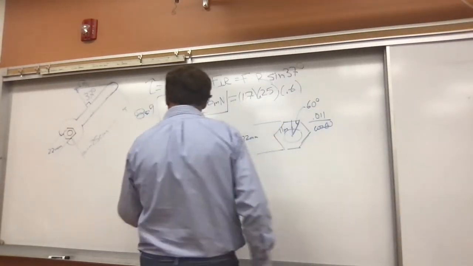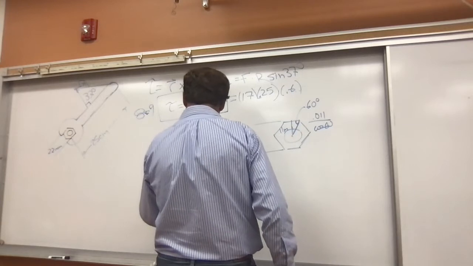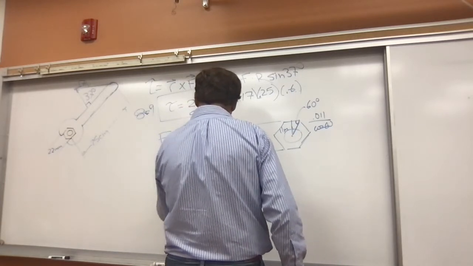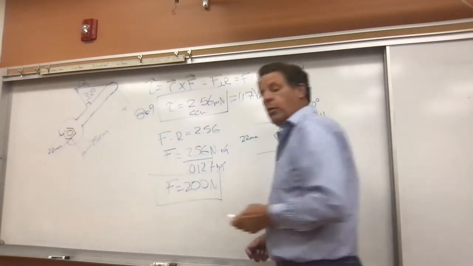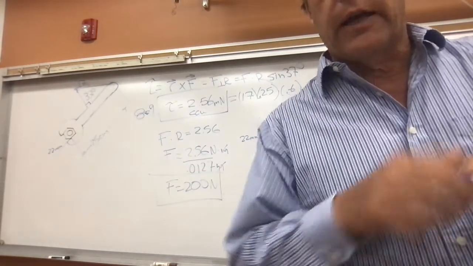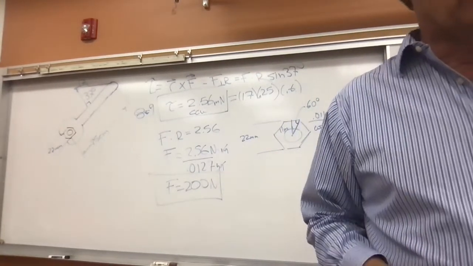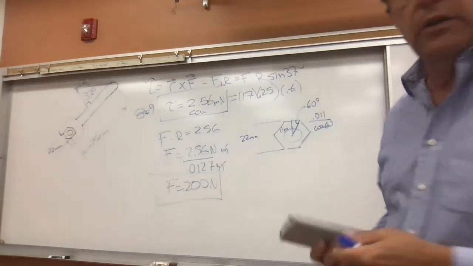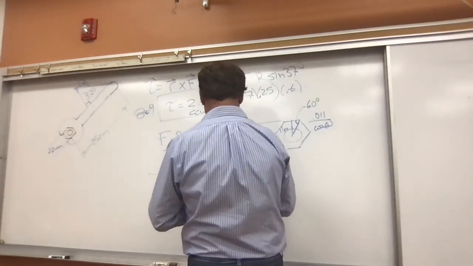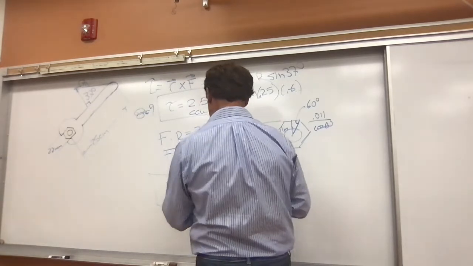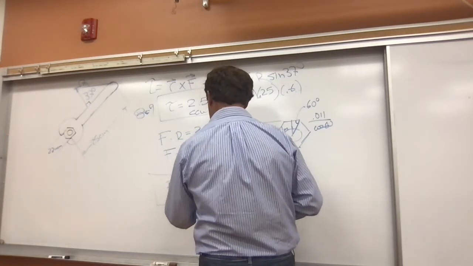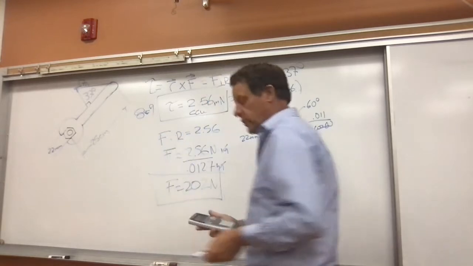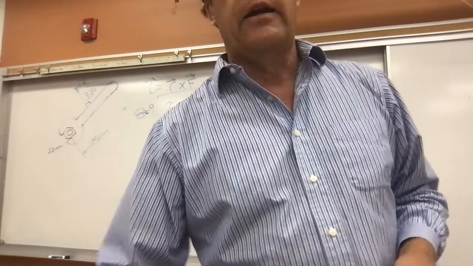So our force is equal to 202 newtons. We'll probably call that 200 because our significant digits are only two. No, it's actually three significant digits, so we can call that 202 newtons.